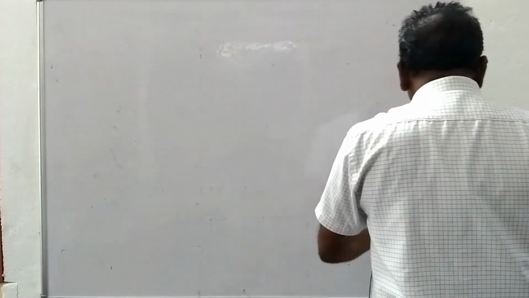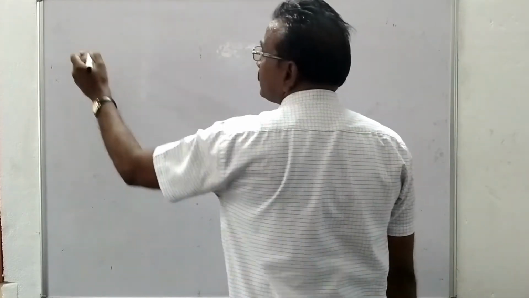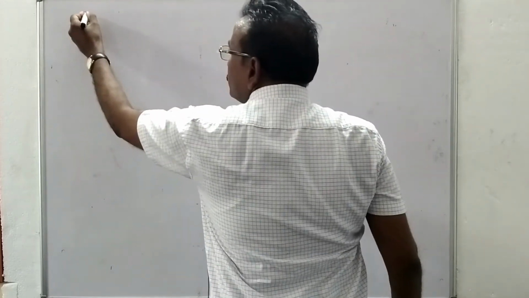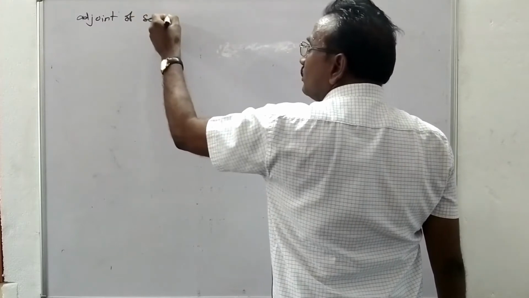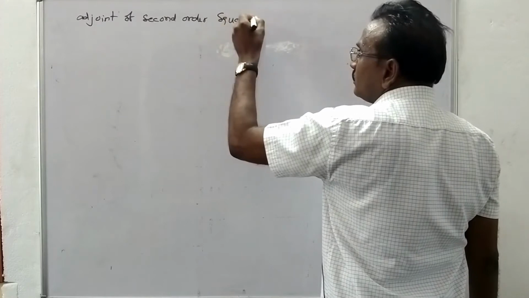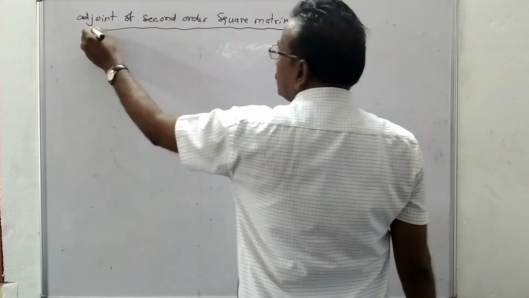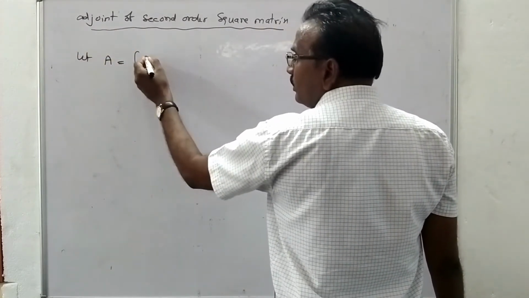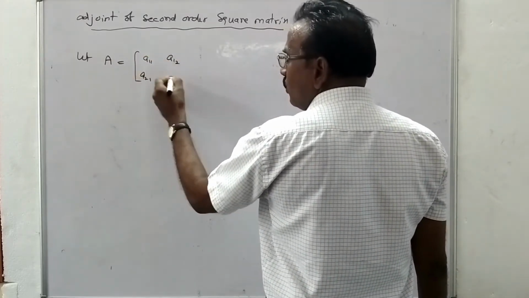Next, how to find the adjoint of a second order square matrix? Let A be the matrix with entries A11, A12, A21, A22.